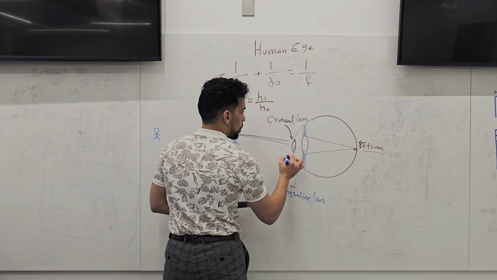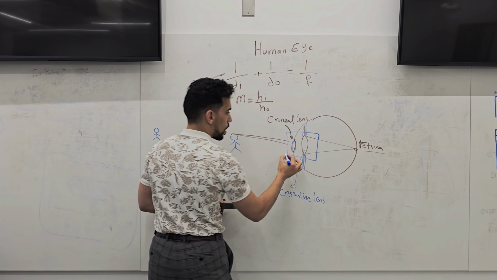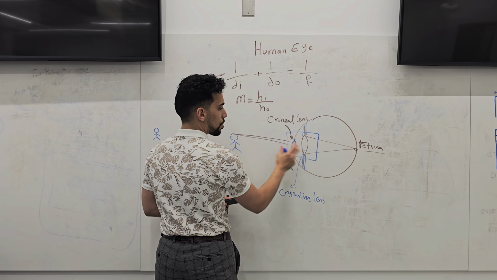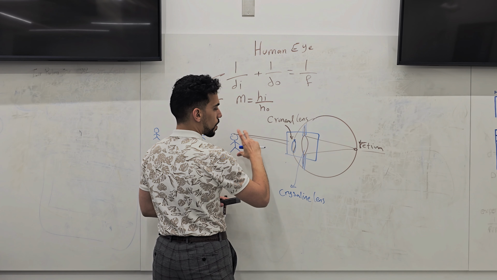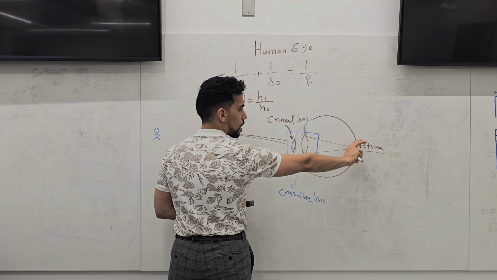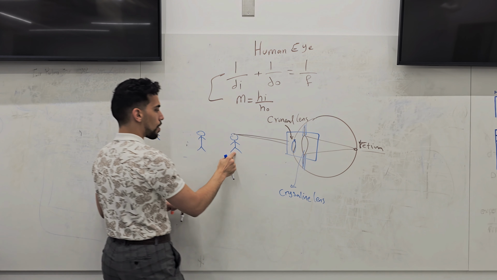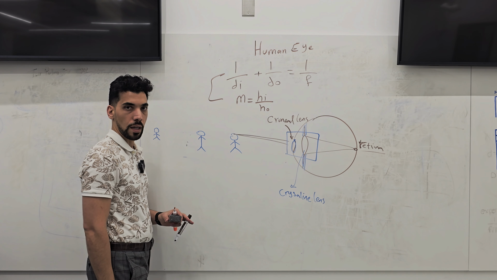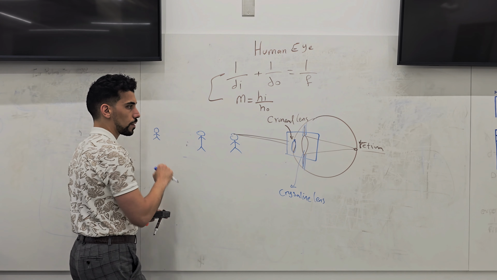So when this system of lenses changes, it makes the image in focus on the retina based on the location of the object.